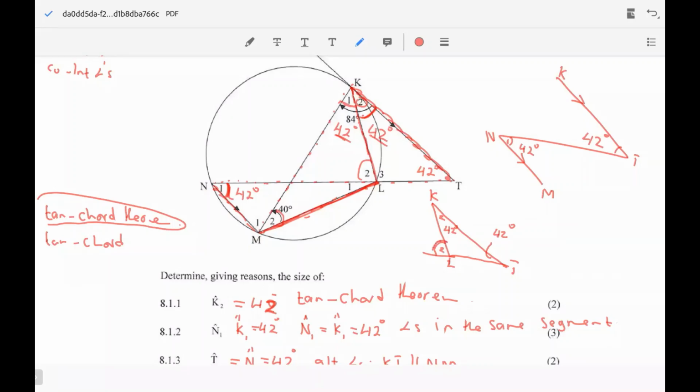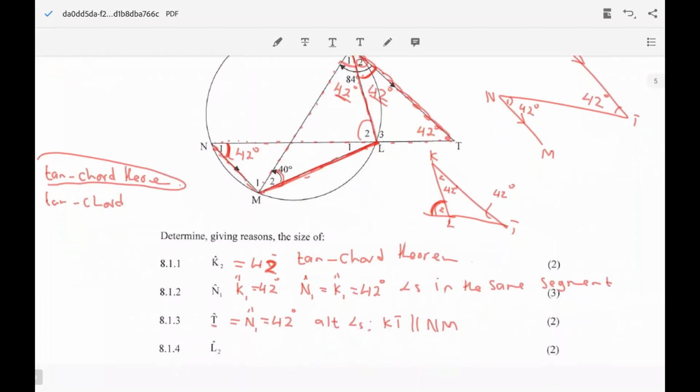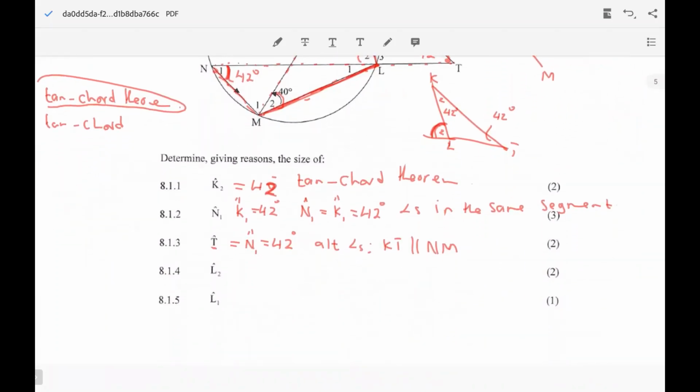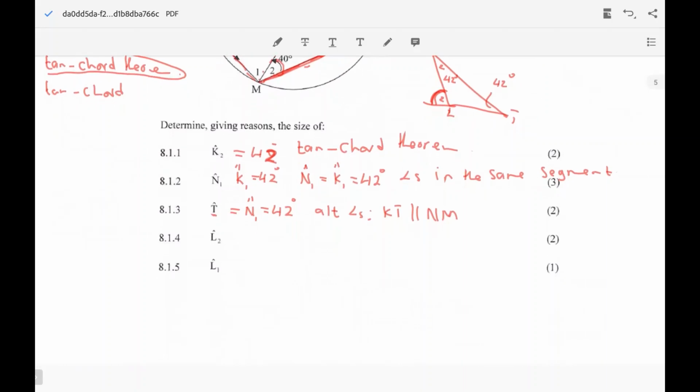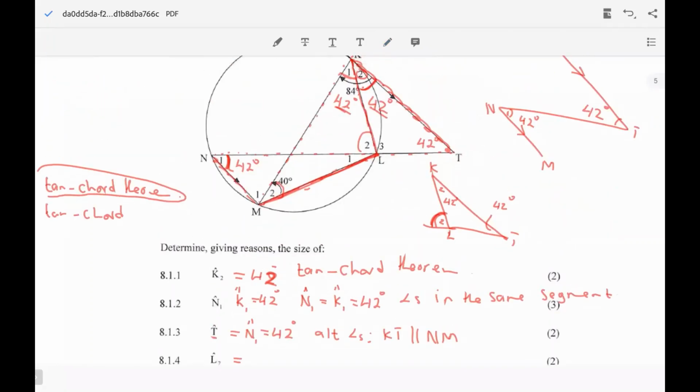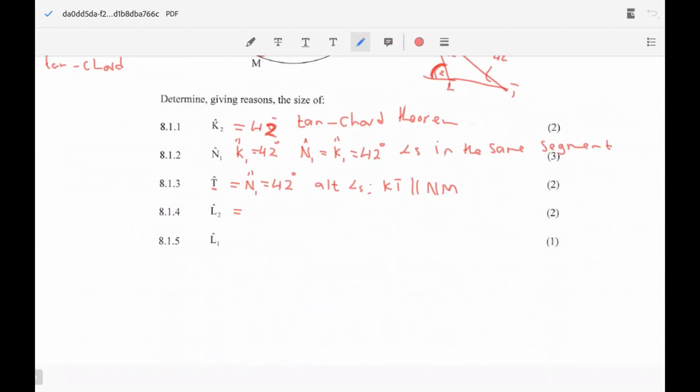You know that the exterior angle of a triangle equals the sum of the two interior opposite angles. So this would be 42 for K2 plus 42 for T, which is 84 degrees. And the reason is exterior angle of triangle.